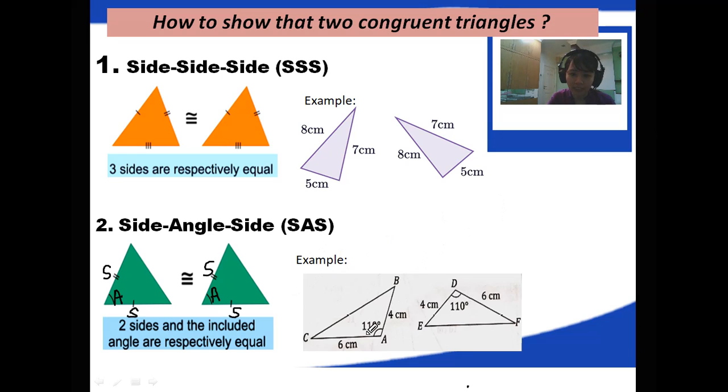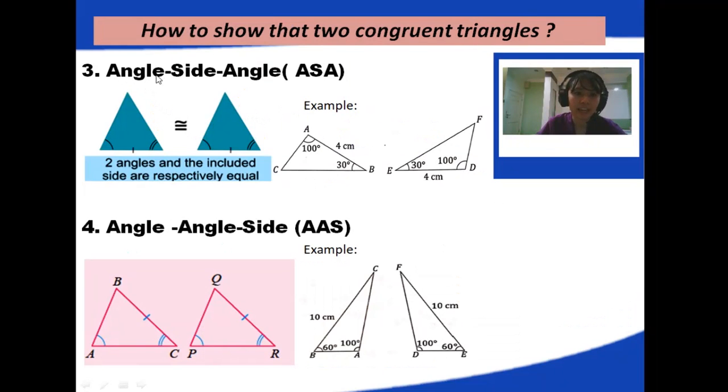If you see clearly, we can show these triangles are congruent because we got S here, S here, and this one is angle A, this one is angle A, and also 4cm, 4cm is side S. So they are equal in side, angle, side.